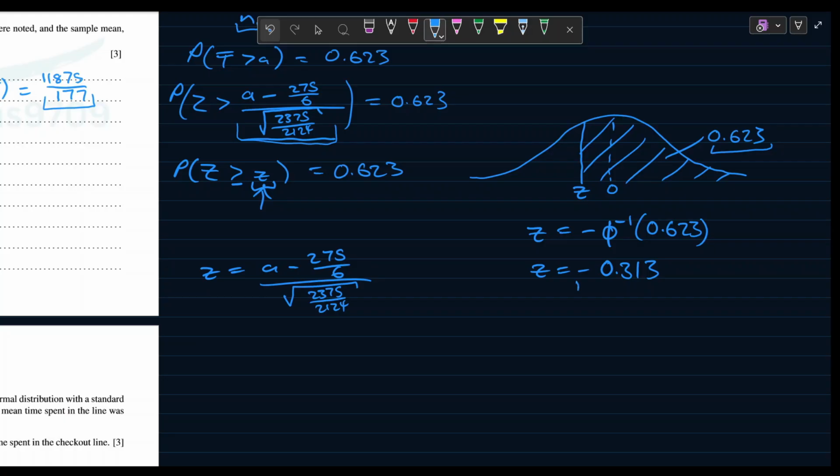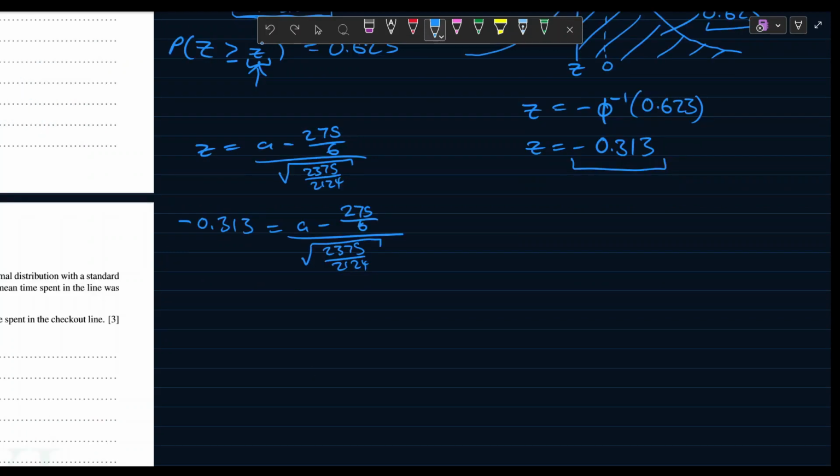So since we know what z is, we can say that negative 0.313 is equal to a minus 275 over 6 divided by the square root of 2375 over 2124. Now we need to solve for a, so let's start by getting rid of our denominator, multiply both sides by this square root.